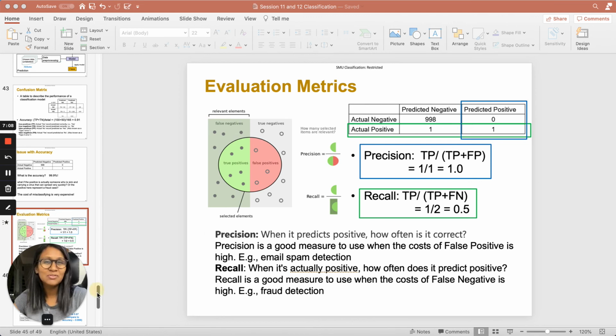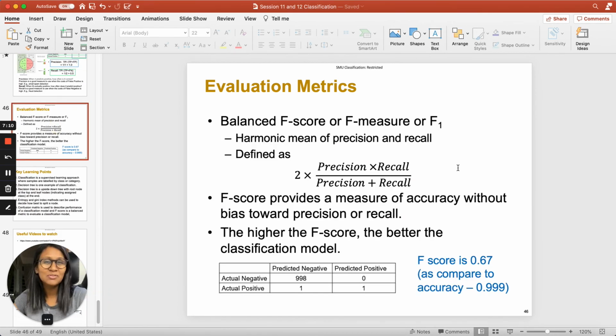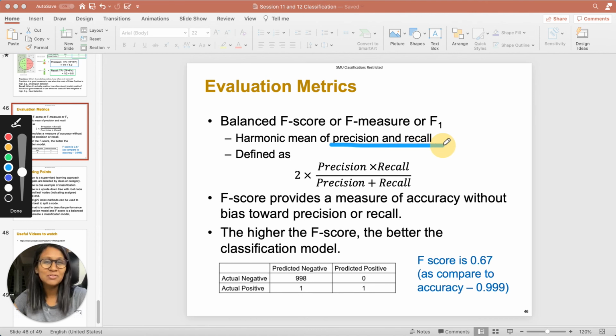Now let's look at one last score, which is called the balanced F score or F measure. What that does is it basically takes the harmonic mean of the precision and recall, as you can see in this formula. The important thing about an F score is that it balances between precision and recall.